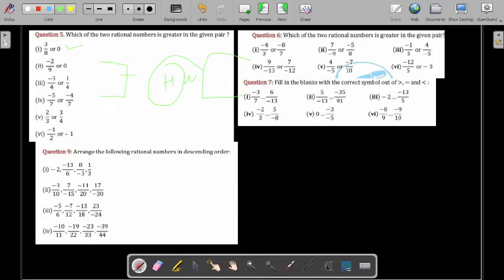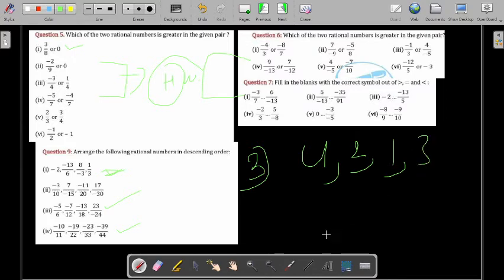Now, arrange the following in decreasing order. I will do the first part only. No, the first part is easy. I will do the third part, then the fourth part. Okay, so let's see the third part. In descending order, if I give you 1, 4, 2, 1, 3, you simply say descending order: 4, 3, 2, 1.